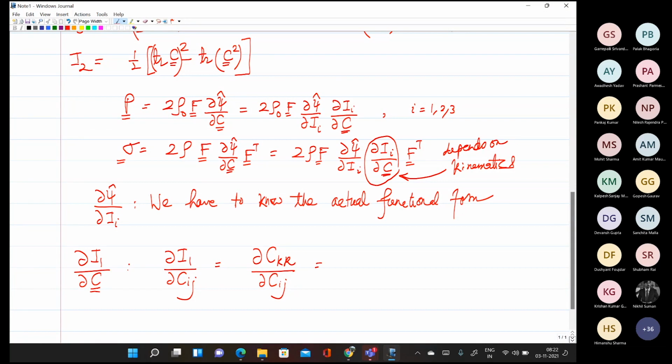So this, of course, if C were not symmetric, you could have written it as delta Ki into delta Kj. My mistake. Delta Ki into delta Kj. And because of C being symmetric, you have to do this derivative in a slightly careful way, which I have covered in my last class.